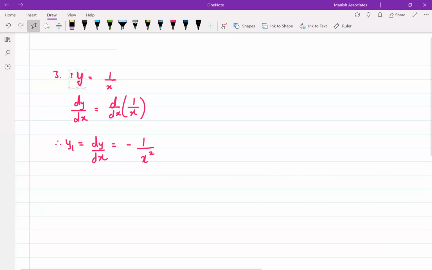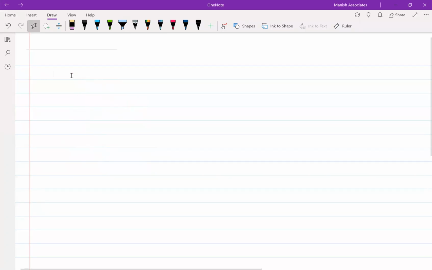It is pointless to do the same things again. I'll change the function. So let us take the new function to be say y equals log x.